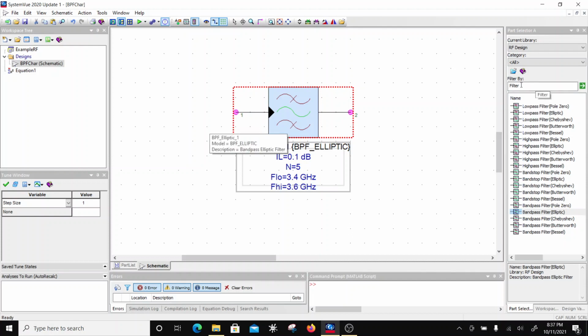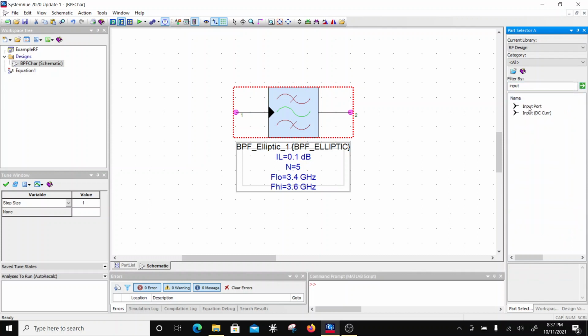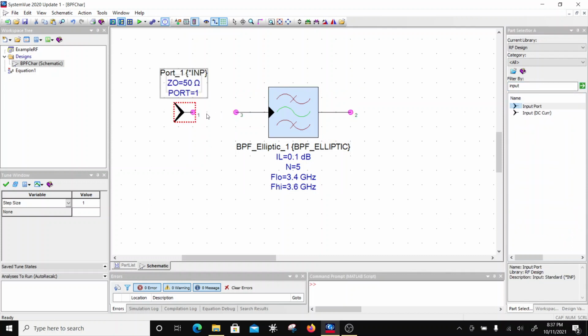Now for doing the S parameter simulation or linear analysis, we need ports. So we need input ports, and input ports in this case are pins. Pins can also be used as a signal source, and they change their roles.